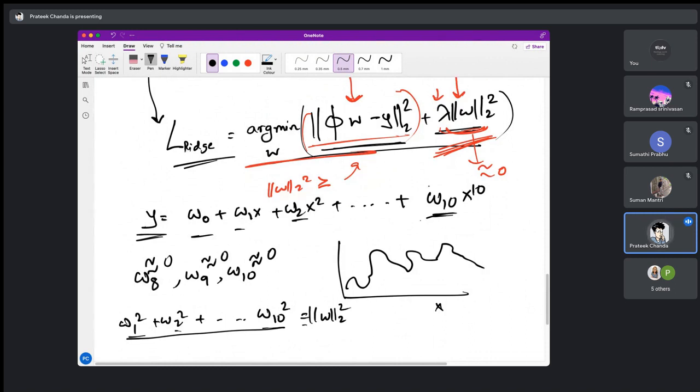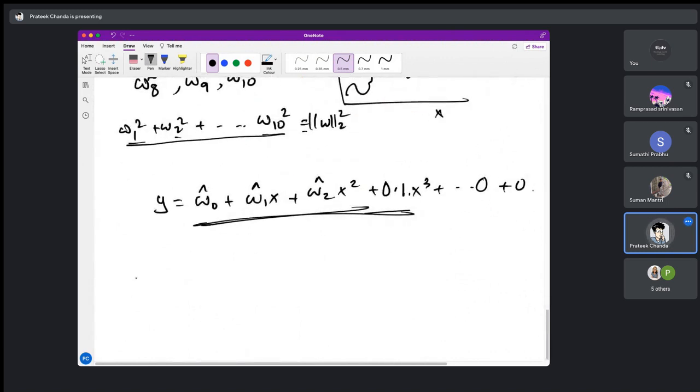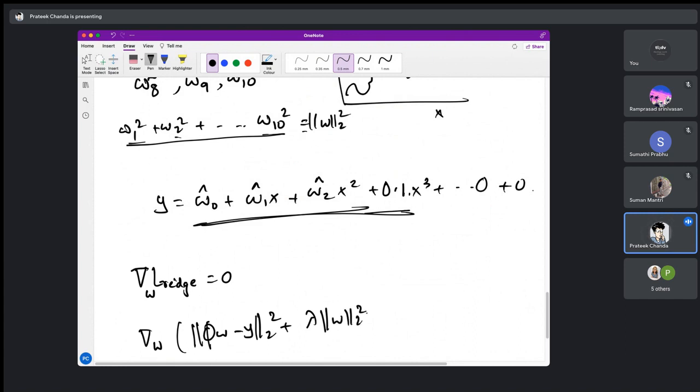If you remember from last week, how you minimize a loss function is you set the gradient of the loss to 0. So the gradient, with respect to W, of this (phi W minus y) whole square plus lambda W2, this entire thing you set to 0.